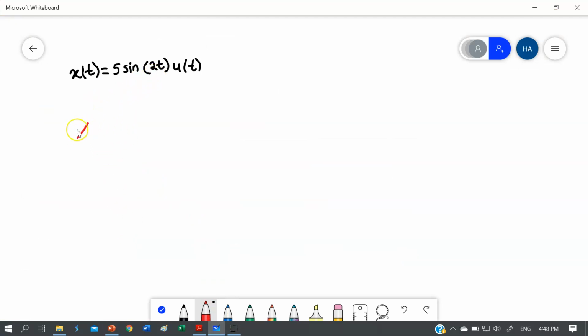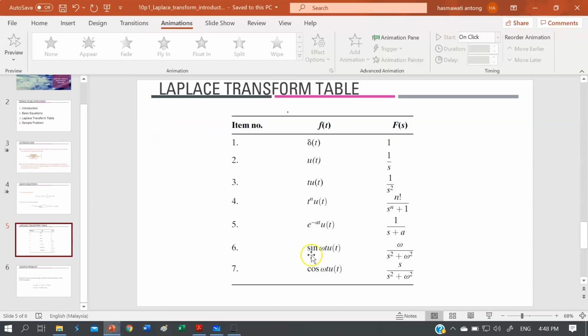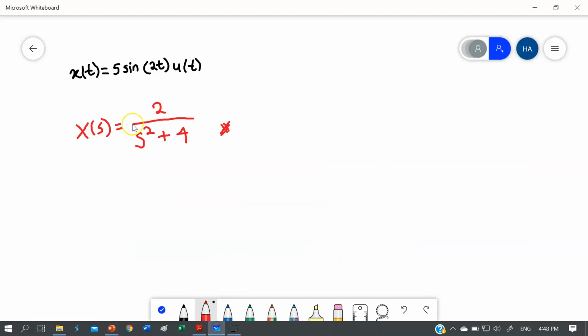So our x of s is equal to 2 over s squared plus 2 squared, which is omega over s squared plus omega squared, where omega is the multiplier of t. This omega is 2, so we have 2 over s squared plus 4.